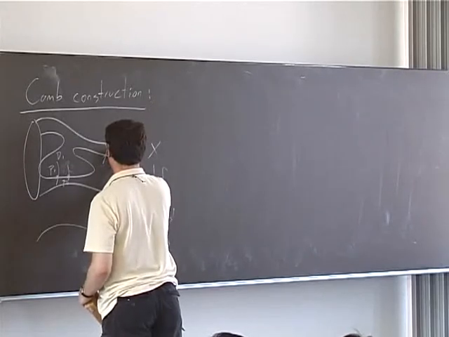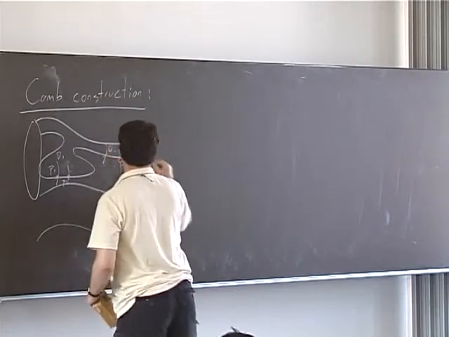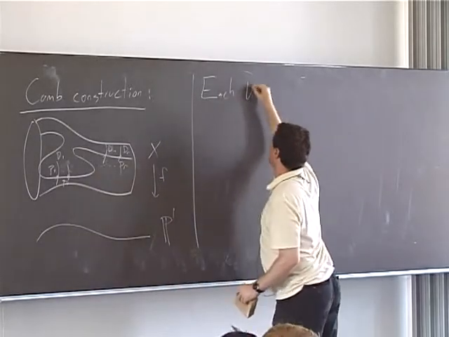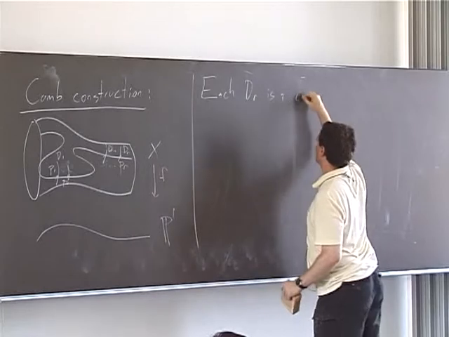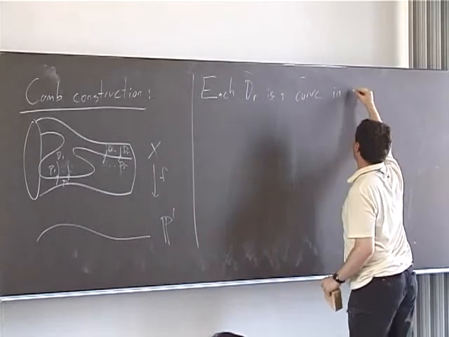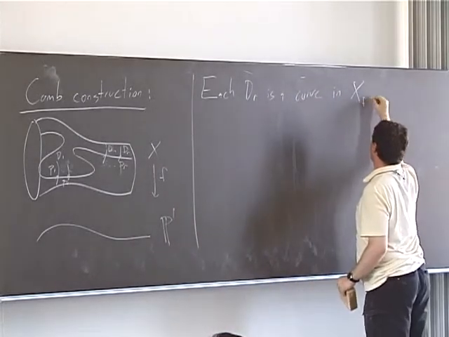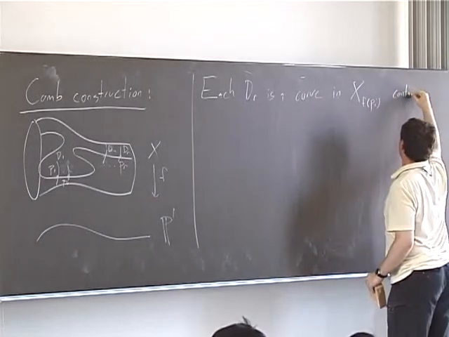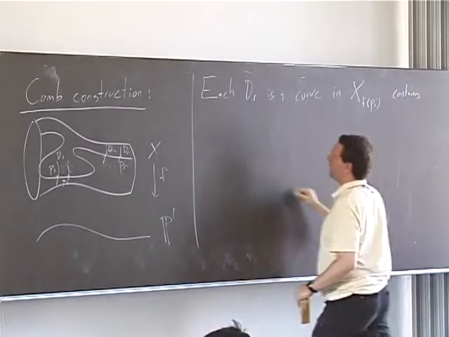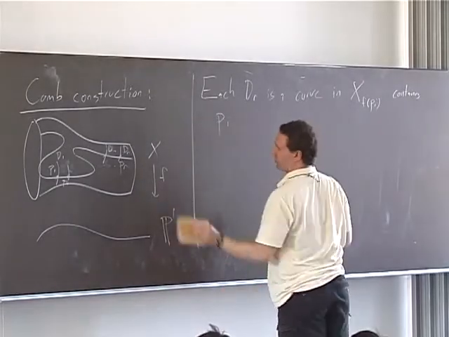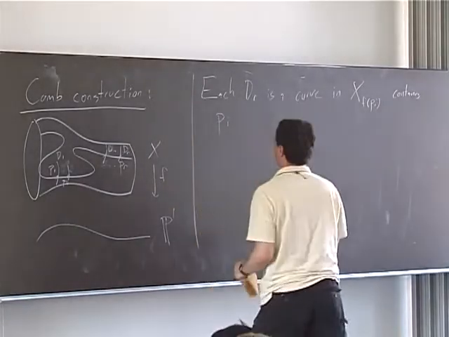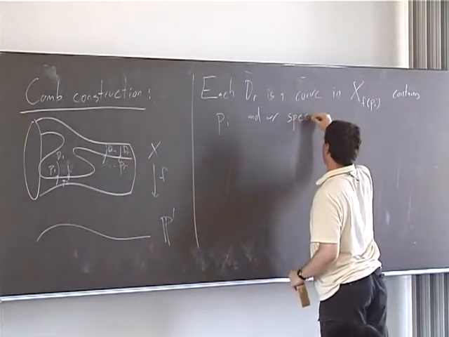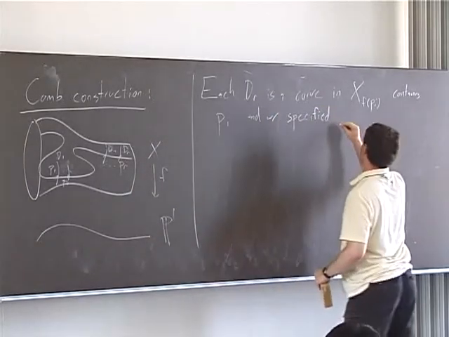D1, up to D(r minus 1), Dr. So each Di is a curve in the fiber, the fiber of f over the point pi, containing pi. And also remember, we can choose the tangent direction if we want, with specified tangent direction. I'll mention why we want to do that in just a second.